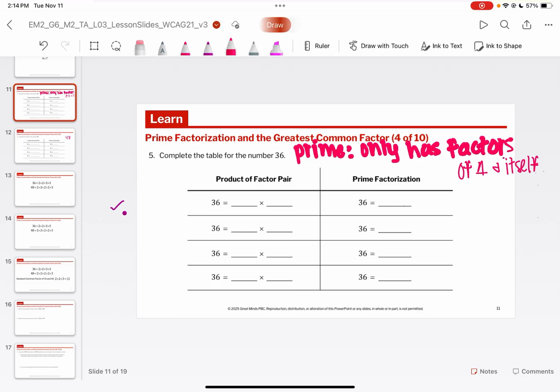Okay, so you are writing this down because you can't take notes if you're not writing your notes down.